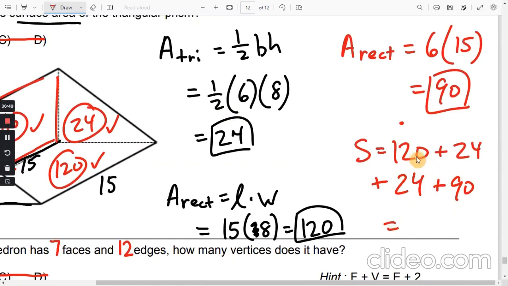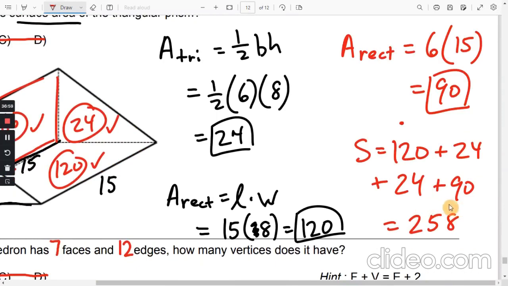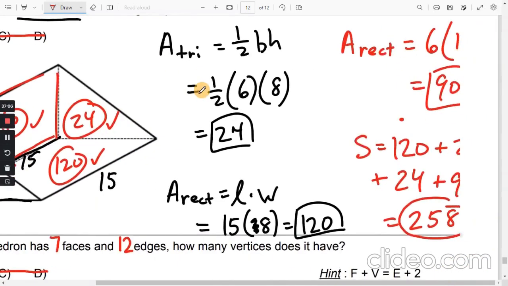And that's going to be 210 plus 48 is 258. All right, I didn't see any units. If there were units, you would square them, but that's it. So surface area, just add up the faces.